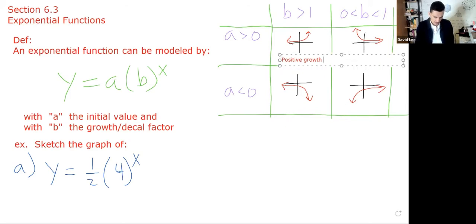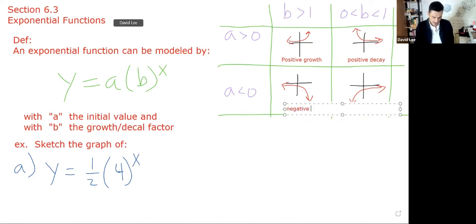So let me actually just go like this here. This is positive growth, and this is positive decay. Let me leave that there. And then down here, if I use the text tool, this is going to be negative growth. And the one beside it is going to be negative decay. All right. So these are the labels, folks.